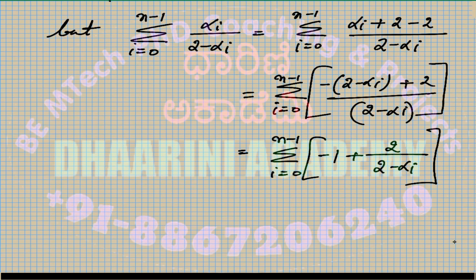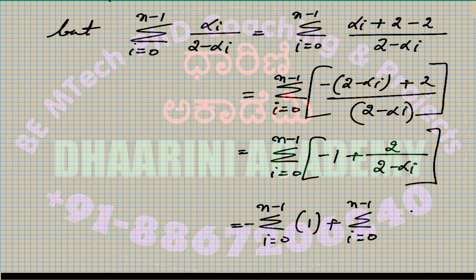Okay, now this is equal to, we'll split the summation. So this is minus summation i equals 0 to n minus 1, ಇಲ್ಲಿ ಬರಿ 1 ಮಾತ್ರ ಇದೆ first term, plus another summation i equals 0 to n minus 1, the second term, right?